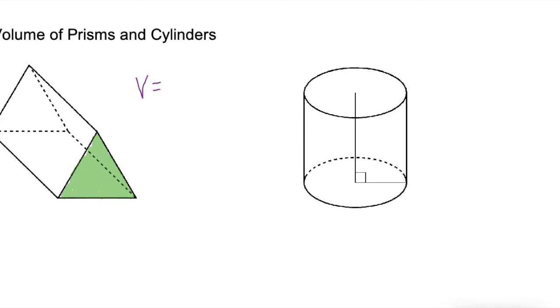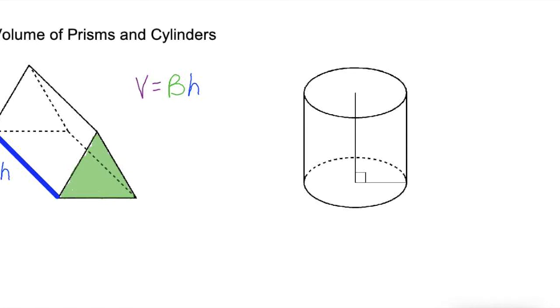This figure is a triangular prism, so the area of the base is illustrated in green, and the height is given in blue. So we find the volume of this prism by finding the area of its triangular base and multiplying by the height. Remember, the height is the distance between the bases.